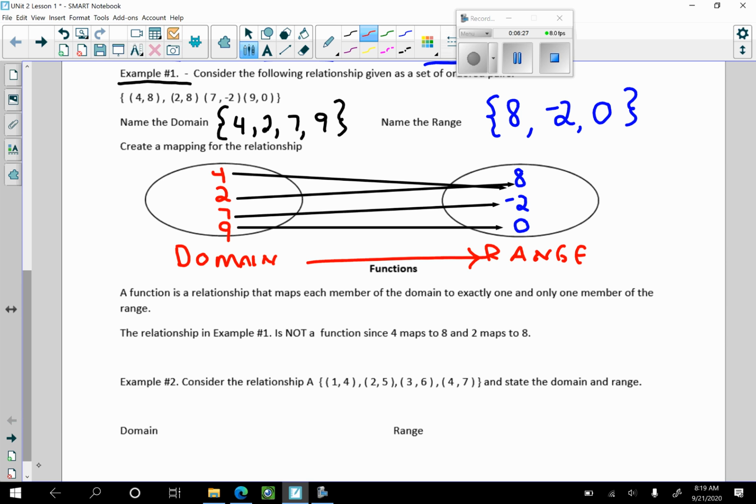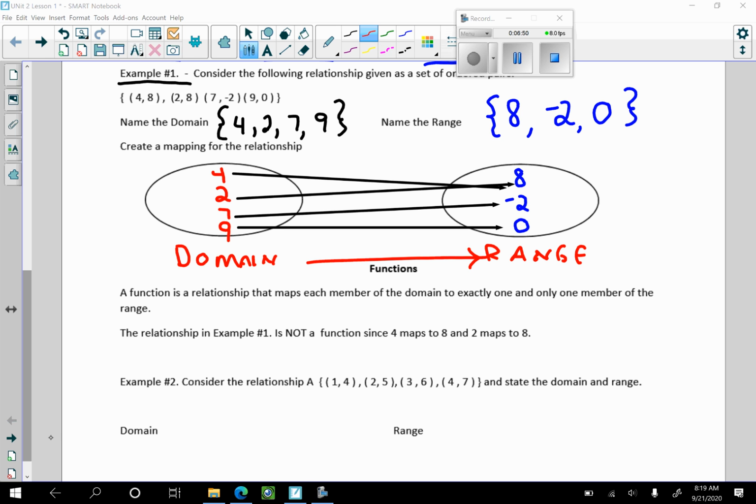The relationship in example number 1 is not a function since 4 maps to 8 and 2 maps to 8. So this particular relationship is just a relationship. It is not a function. A function maps one member of the domain to exactly one and only one member of the range.